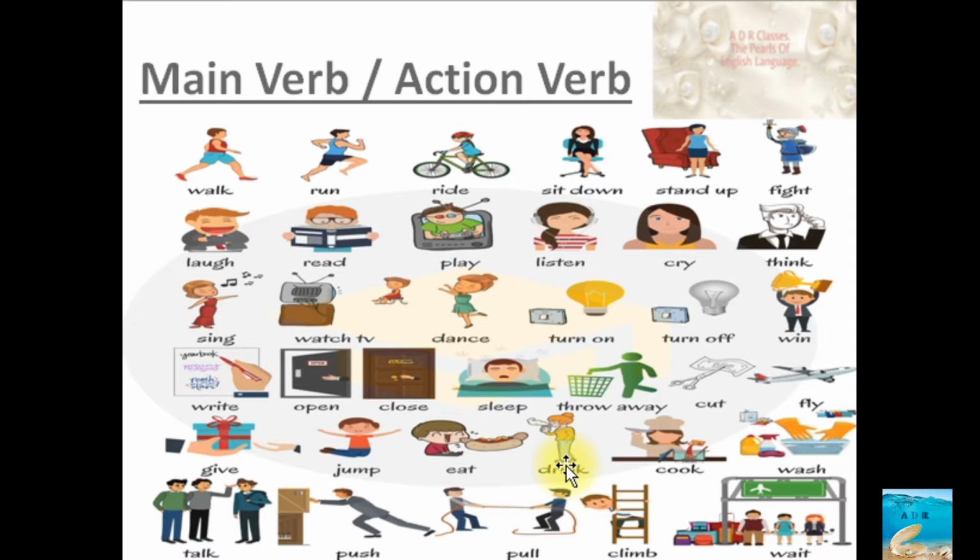So time and action are crucial factors for the verb in a sentence. Verb is action oriented and time oriented, but noun is name oriented, and pronoun is dependent on noun.